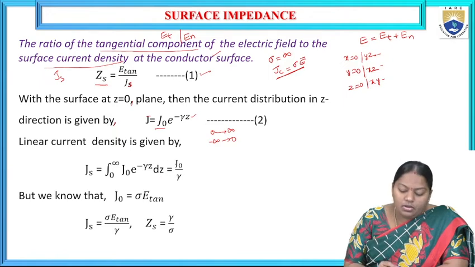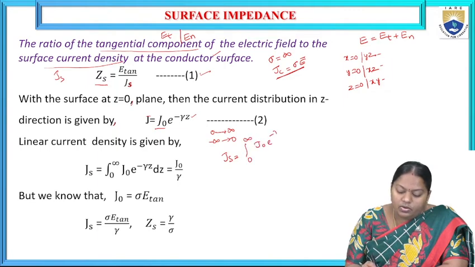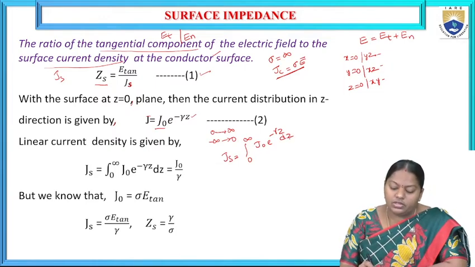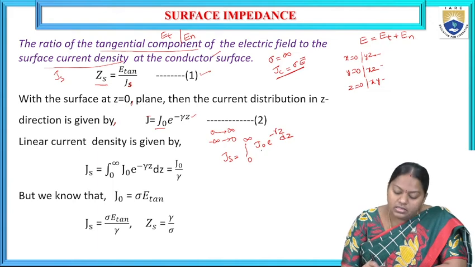Now if we integrate this, Js is equal to integral 0 to infinity J naught into e power minus gamma z into dz. We are integrating with respect to z, hence J naught can be treated as a constant. The integration of e power minus gamma z is e power minus gamma z by minus gamma.